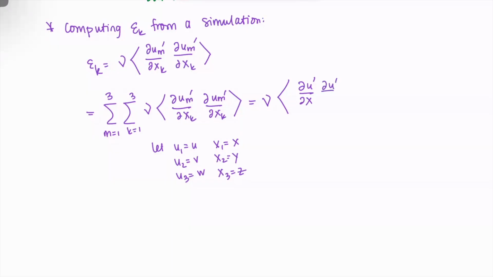So we're going to have this plus this plus this. We have the fluctuations in all 3 dimensions with respect to x, and then that same thing, but now the derivatives with respect to y.